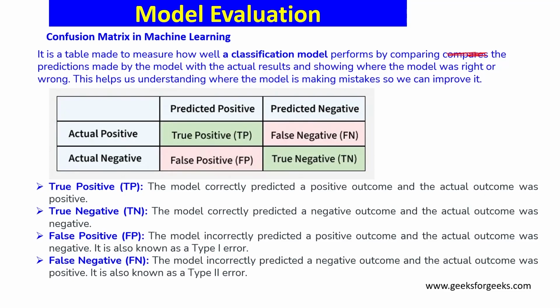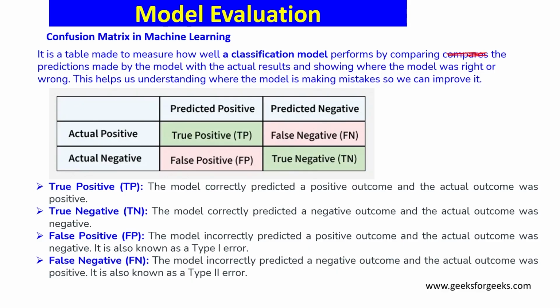False positive means the model has incorrectly predicted a positive outcome, but the actual outcome was negative. This is also known as a type 1 error. Although you may not remember after some time, false positive is what you should remember. False negative is what? The model incorrectly predicted a negative outcome and the actual outcome was positive.